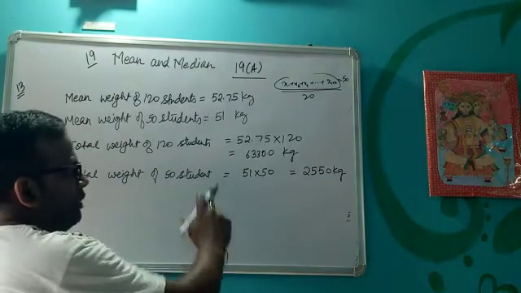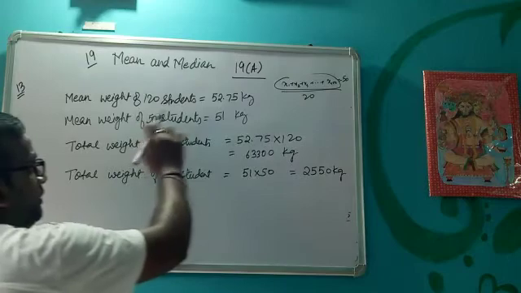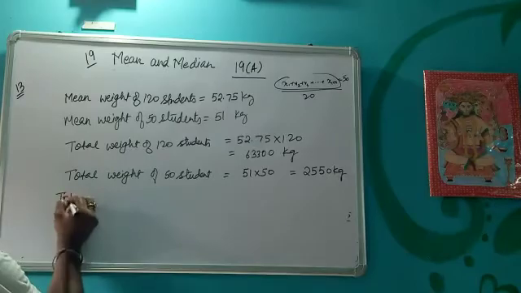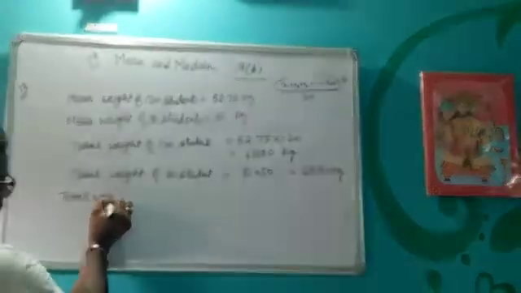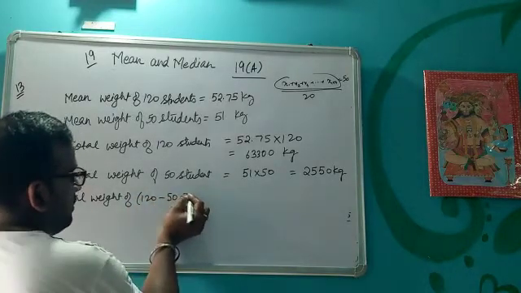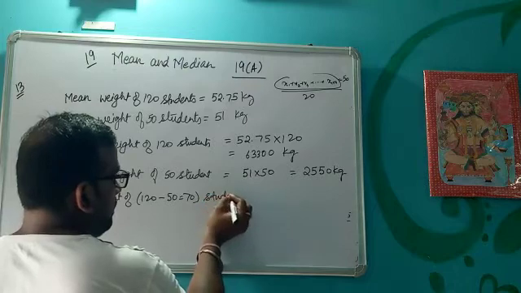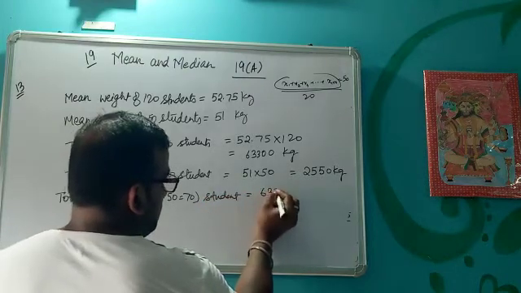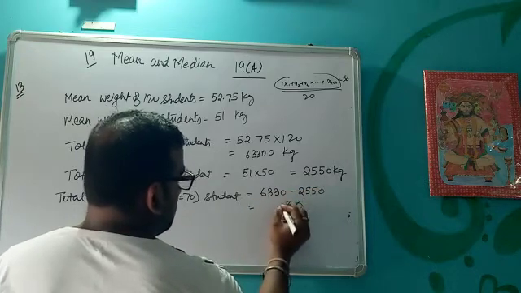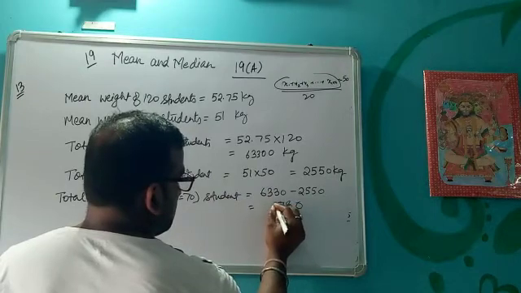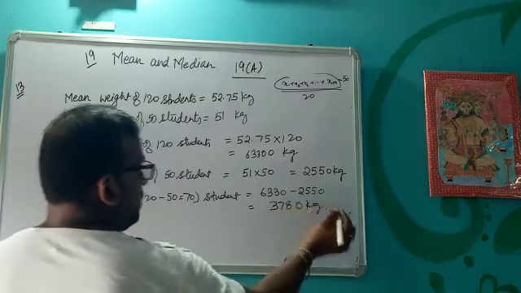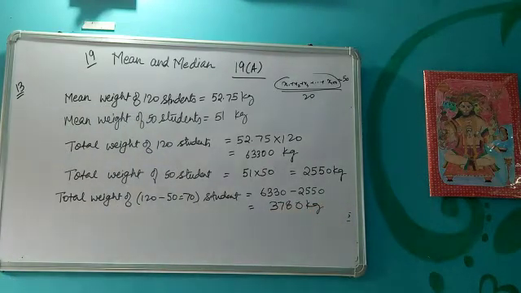Then we will calculate the total weight of 50 students. Similarly, 50 into 51, 2550. So now how many are left? Total weight of 120 minus 50, that is 70 students. If we calculate, it will be 6330 minus 2550.